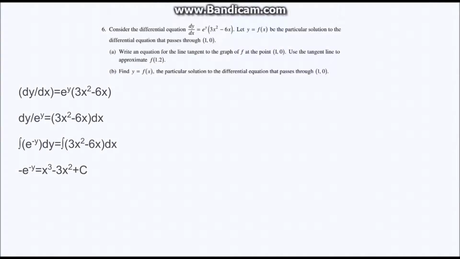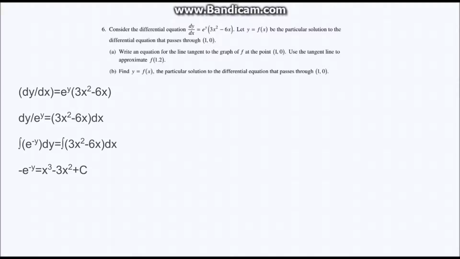Okay, so let's do 6b now, which is find y equals f of x, the particular solution to the differential equation that passes through (1, 0). Now, the differential equation is dy over dx equals e to the y times (3x squared minus 6x). So what we want to do first is separate the variables.